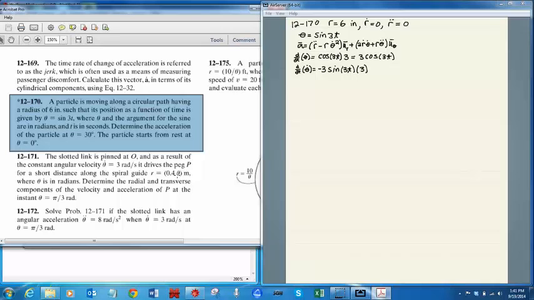So this is equal to theta double dot, and to simplify a little bit, that'll be minus 9 sine of 3t.